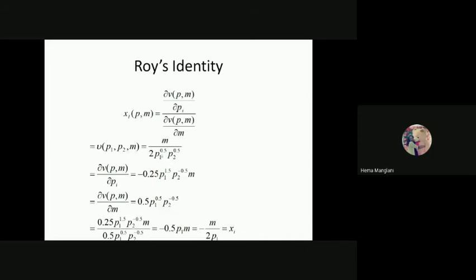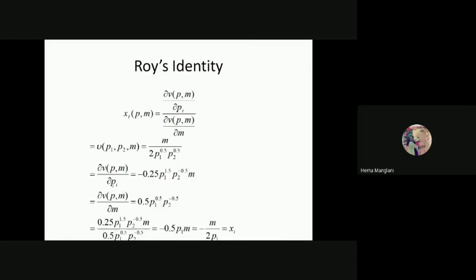This gives you minus 0.25 p1 power minus 1.5, p2 power minus 0.5 multiplied by M. The whole function is simplified like this by differentiating with p1. Is that clear?